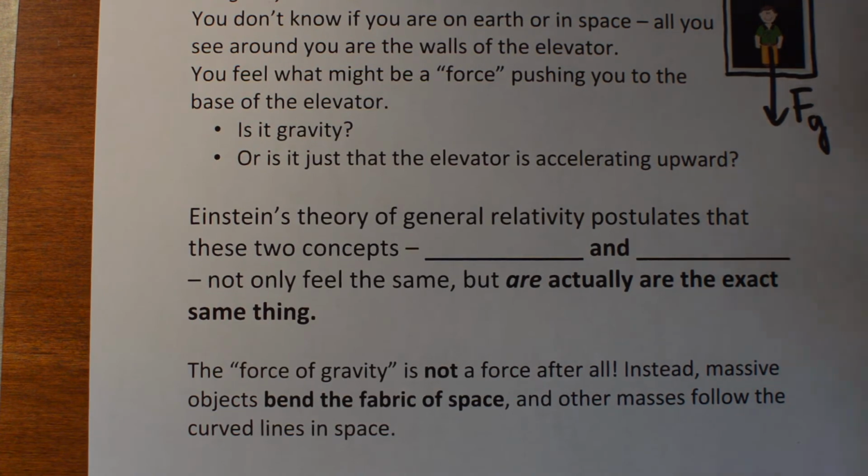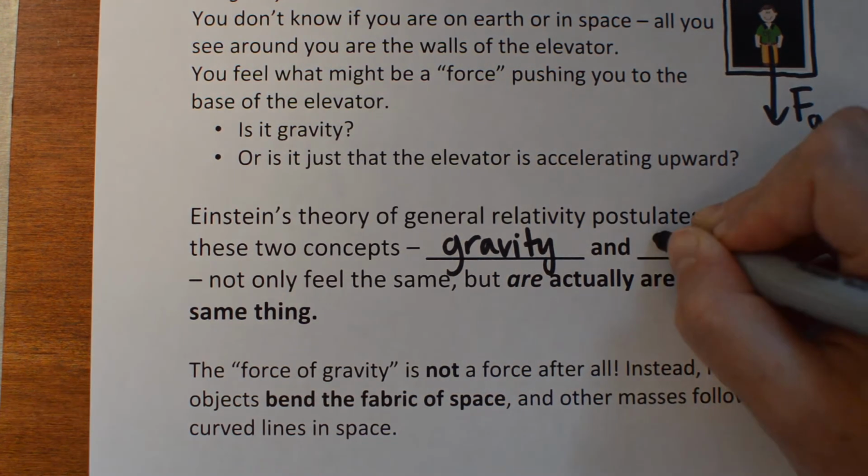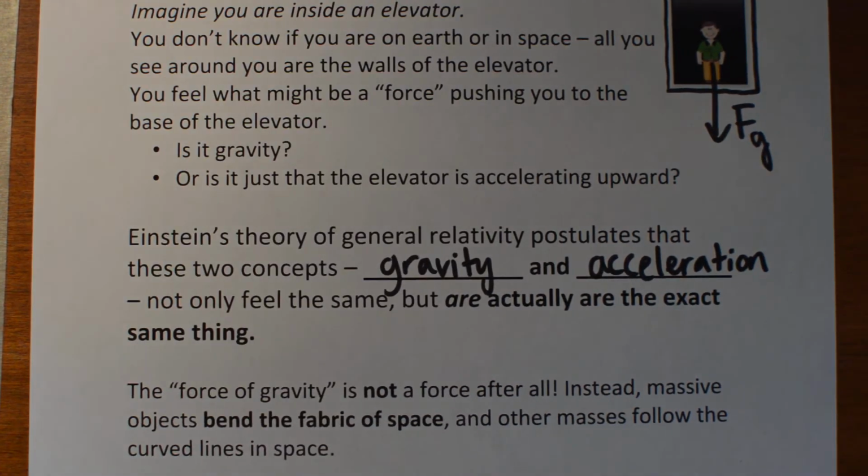So Einstein's theory of general relativity was that these two concepts, gravity and acceleration, maybe they don't just feel the same. We can't really tell if we're in this elevator whether I'm feeling gravity or I'm feeling an acceleration. Maybe they actually are the same thing. Maybe it's not just that they feel that way, but maybe there is no difference at all.